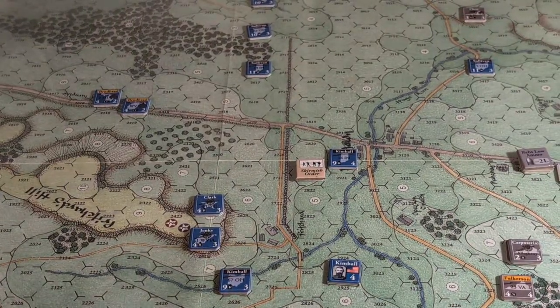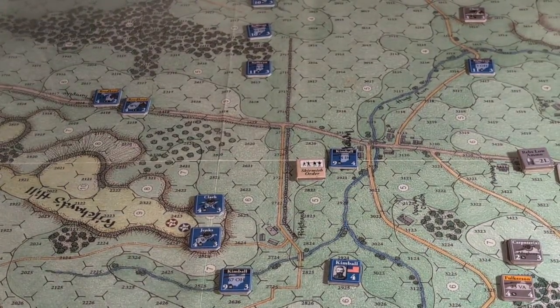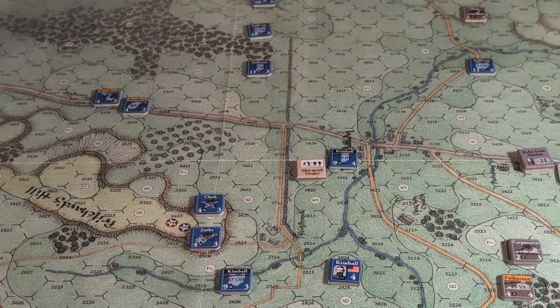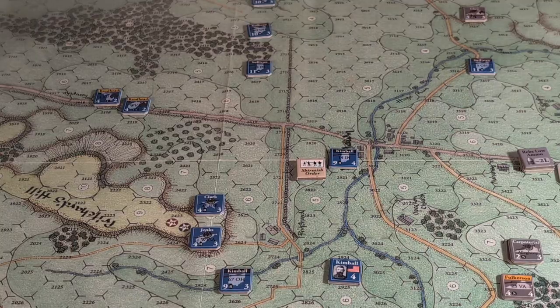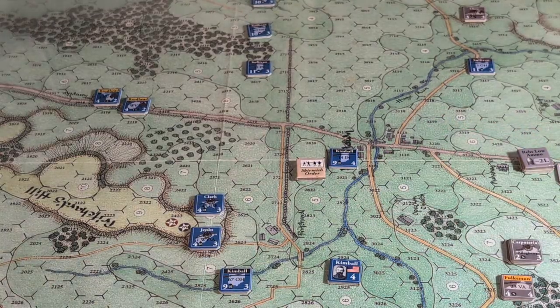So we get to move them again. Or I can use Broadhead. So the thing is with Broadhead, I don't get to move the whole brigade. They've got to be adjacent. So I could use it on these two.